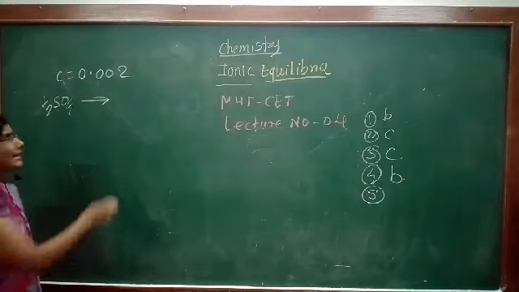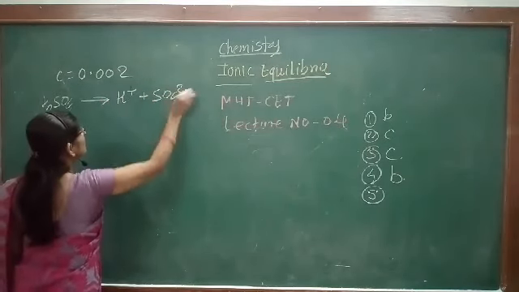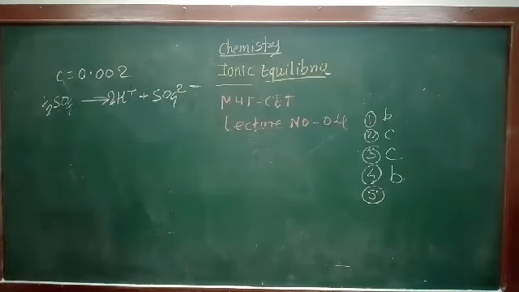H2SO4 is a strong acid which dissociates as H plus and SO4 2 minus. If we balance this reaction, then we have 2H plus and SO4 2 minus.